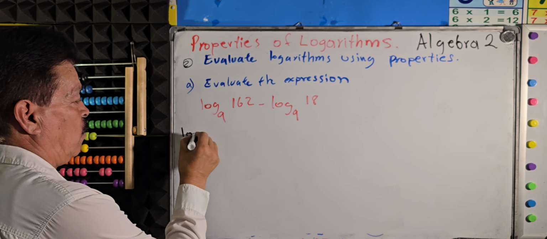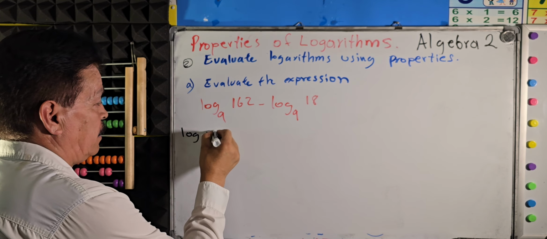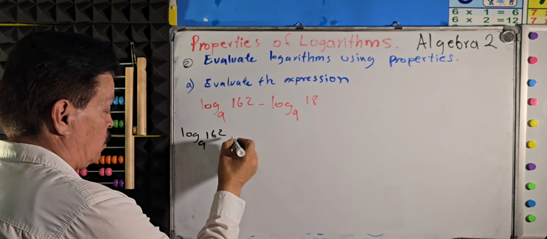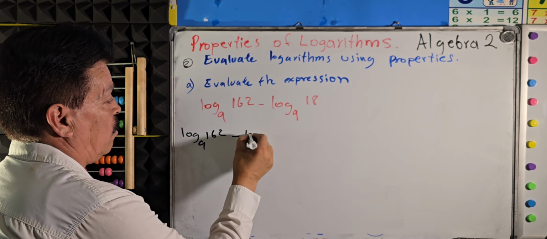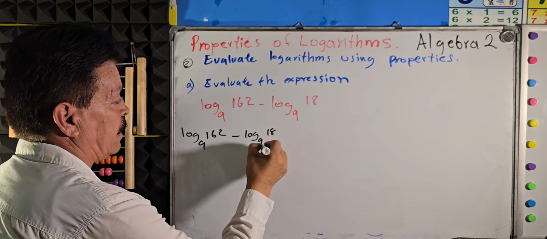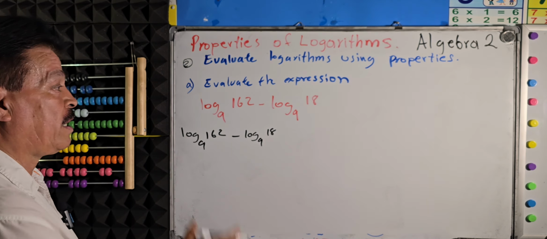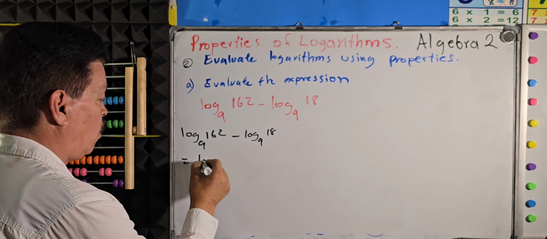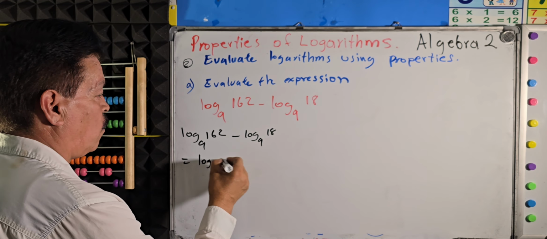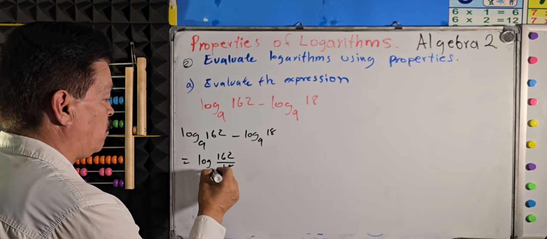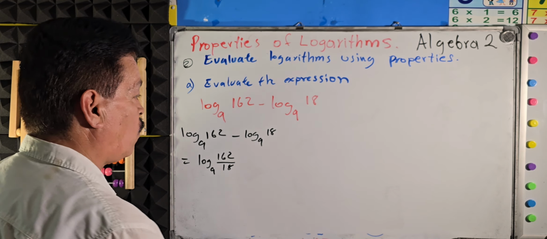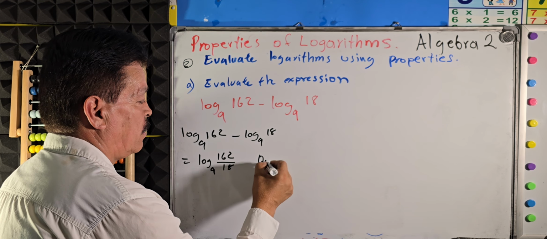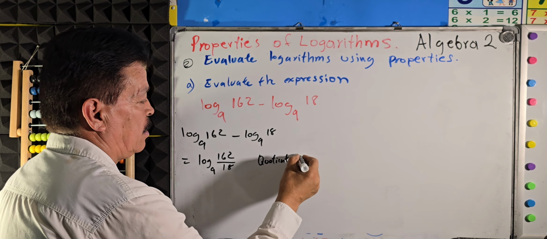I will rewrite the expression: log 162 minus log 18 with the base 9, right? So rewrite the expression as a single logarithm. Now this equals the logarithm of 162 divided by 18 with the base 9. Okay, this is the quotient property.